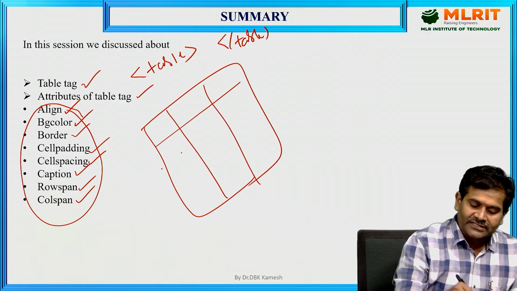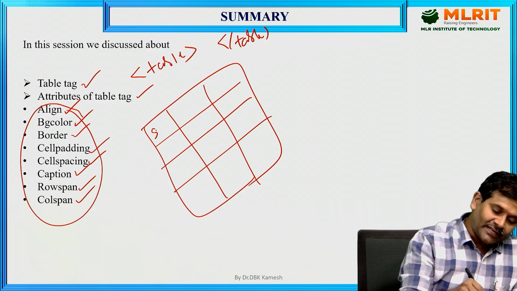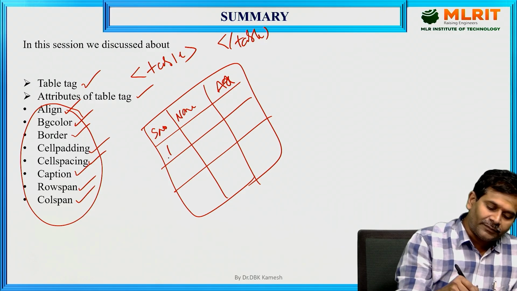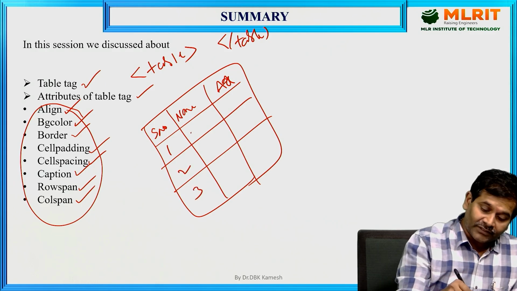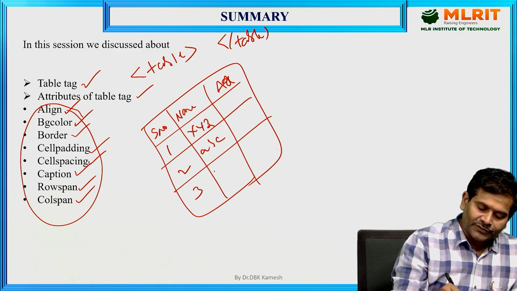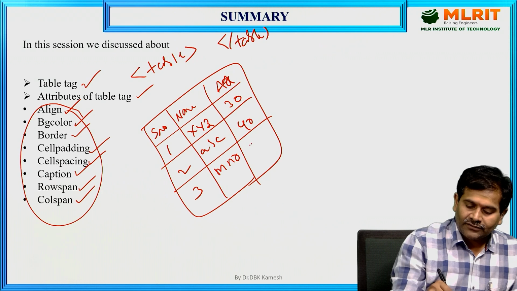Right, so for example like this, this is for a serial number, name and age. So 1, 2, 3, here the names are XYZ, ABC, MNO, etc. So 30, 40, 50.